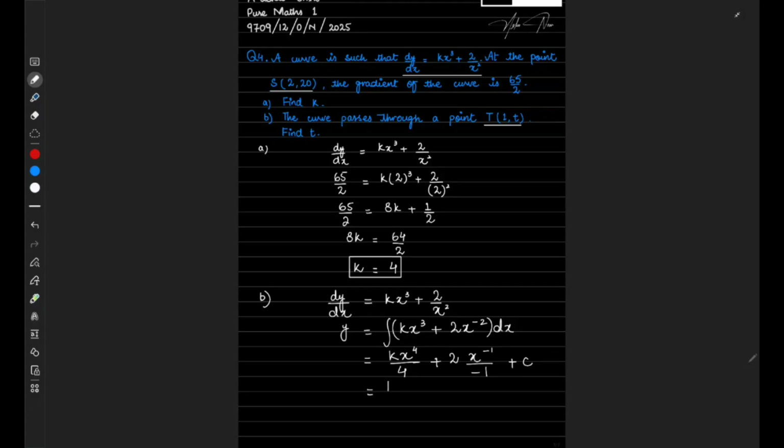Simplifying, we get minus 2 over x plus c. This is your equation.